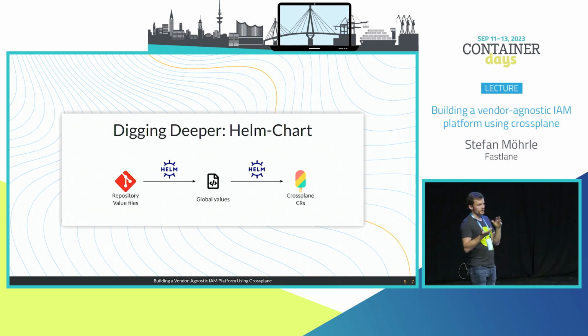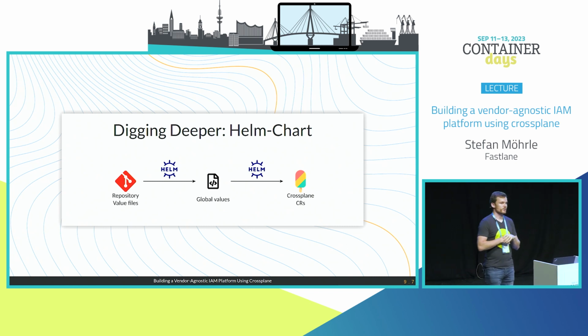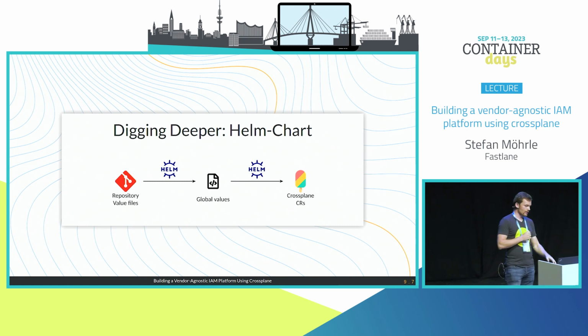First, we are generating some global values, which predefine or pre-calculate all the resources we require, so generating some names, generating lists, and then in the second stage we only have to transform those lists into the appropriate Crossplane resources. So most of the computation is in the first arrow, and the second one is just a simple translation.